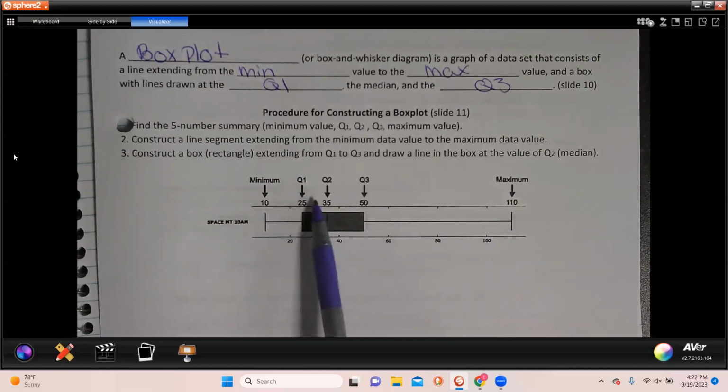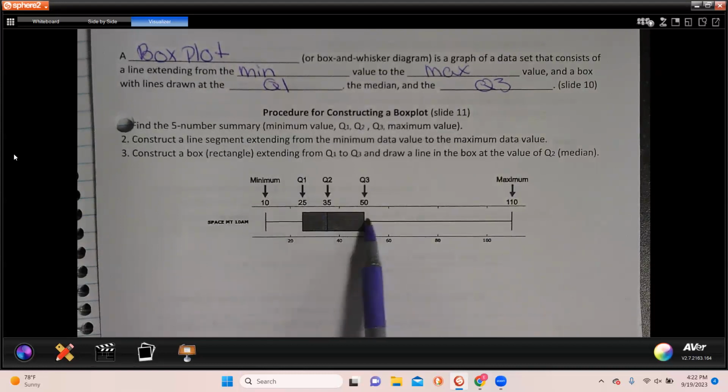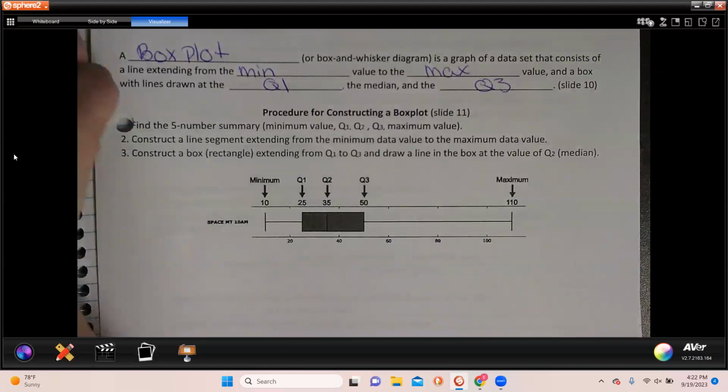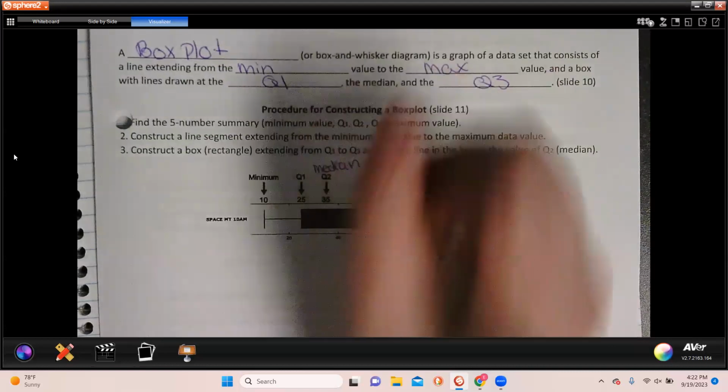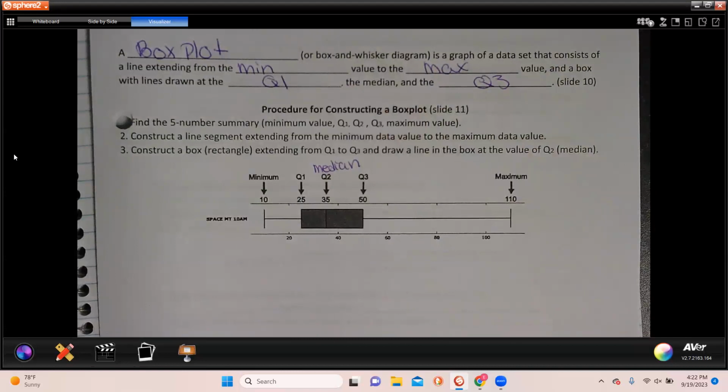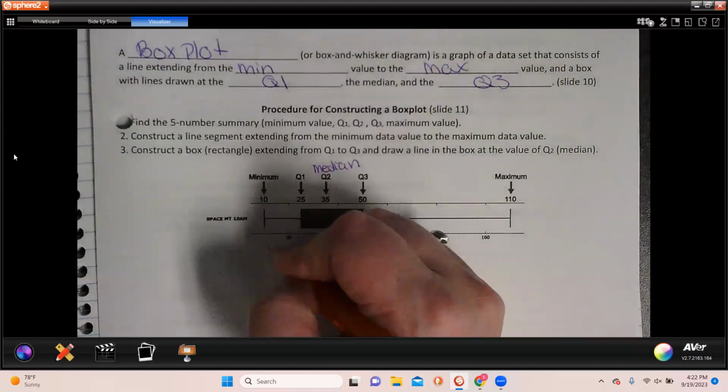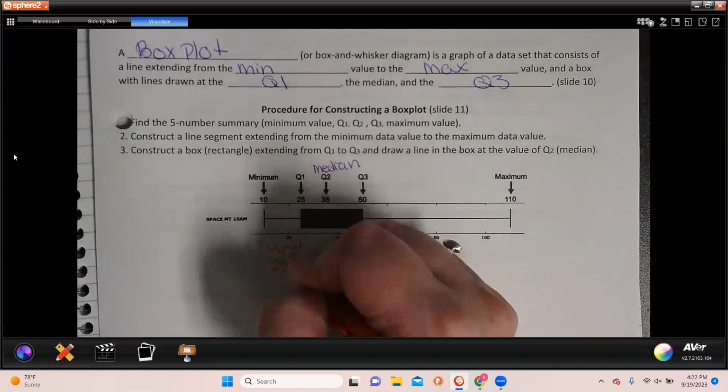And then we construct a box, a rectangle, starting at Q1, going all the way to Q3, and I mark where Q2 takes place, or the median. Now don't forget what Q1, Q2, and Q3 are. These are 25% of the data, right? Q1 says that everything below it is 25%.